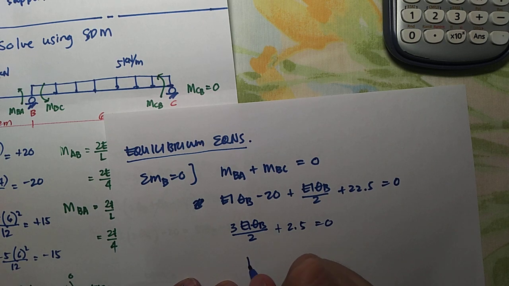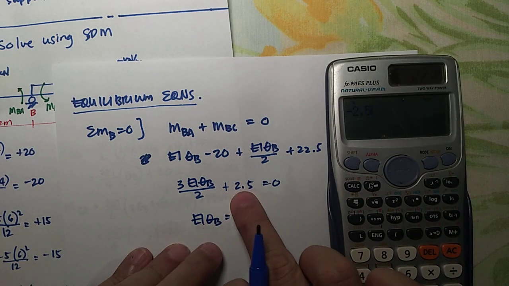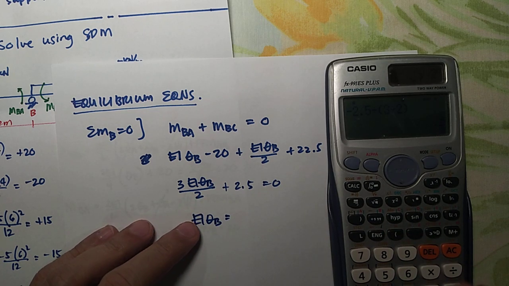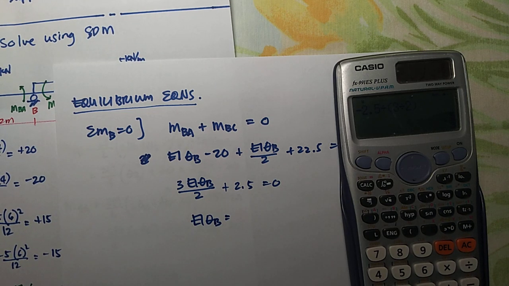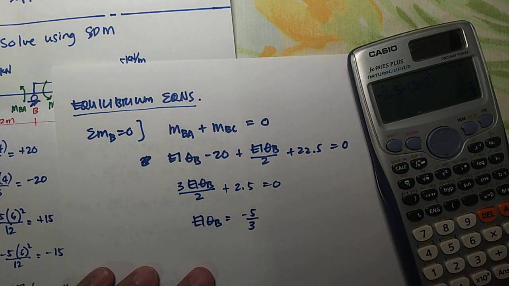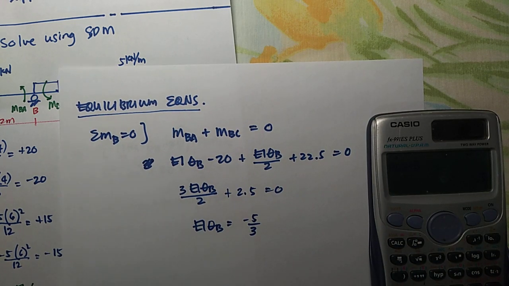So from there, I could solve for EI theta B. And that EI theta B is equal to negative 2.5 transferred to the right divided by 3 halves or 1.5. So that is negative 5 over 3. So negative 5 over 3. So that is the value of, shift store ko na lang siya sa B, the value of our EI theta B. Okay?